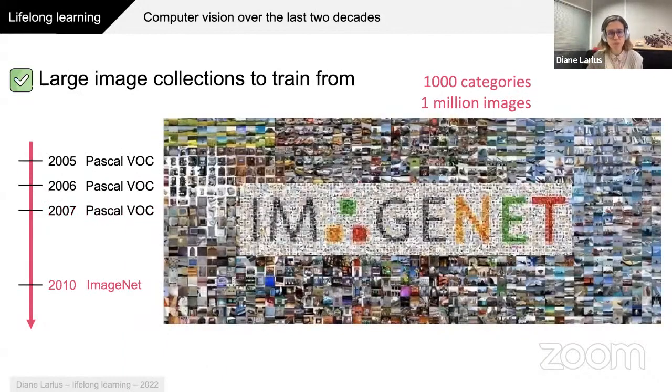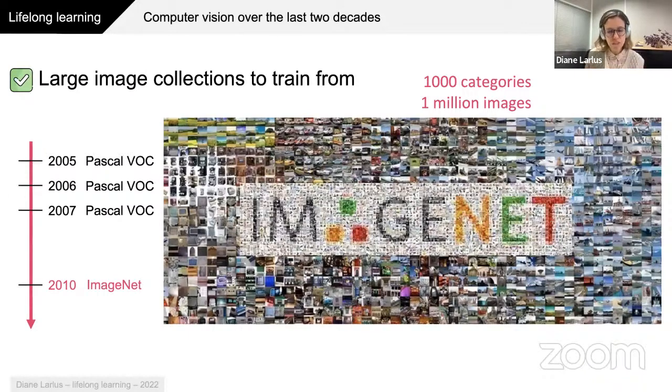But something happened in 2010. The ImageNet dataset was released. And for the first time, a full data set of 1 million images was shared for training computer vision models. And not only 1 million images, but each of these images was annotated with a label among 1,000 possible categories.